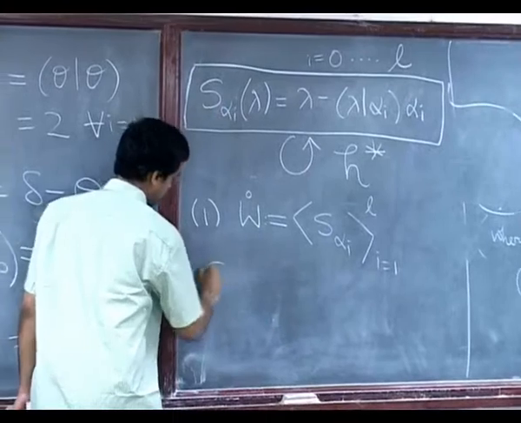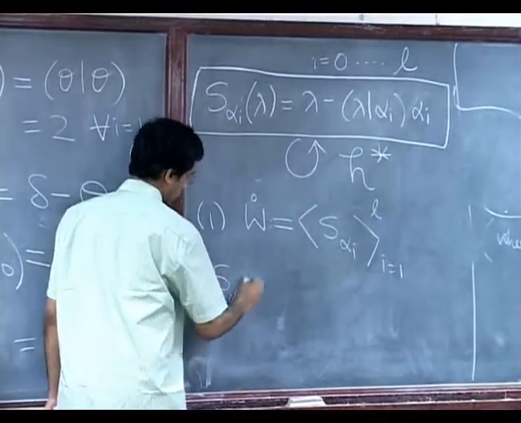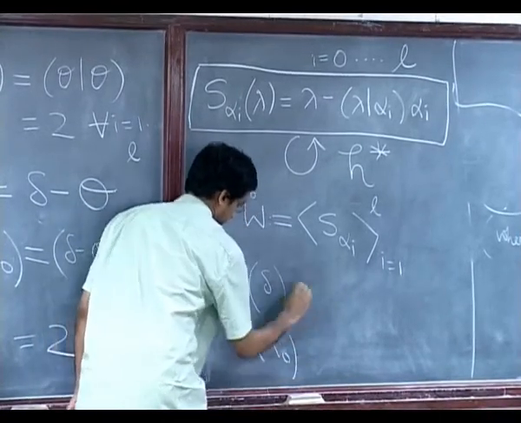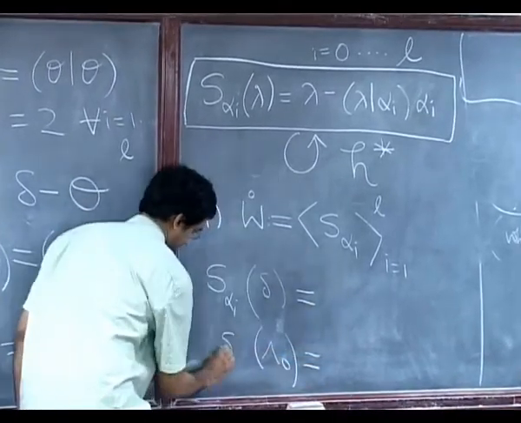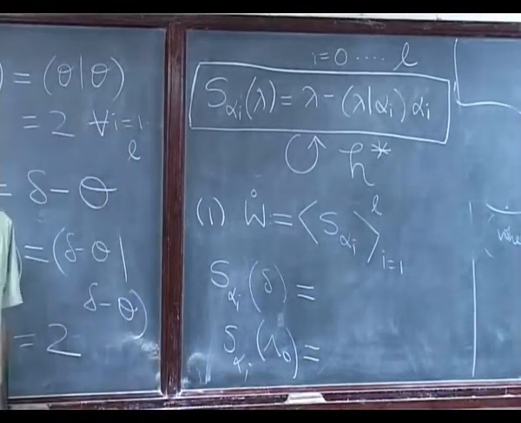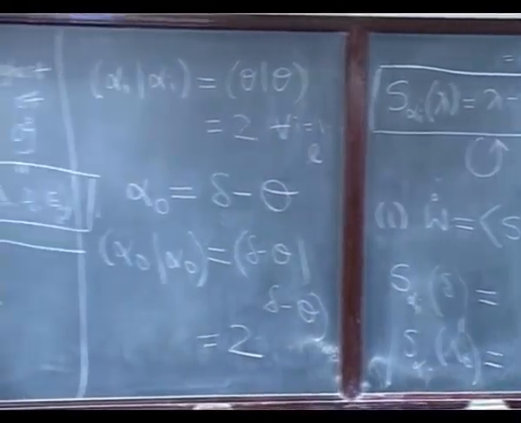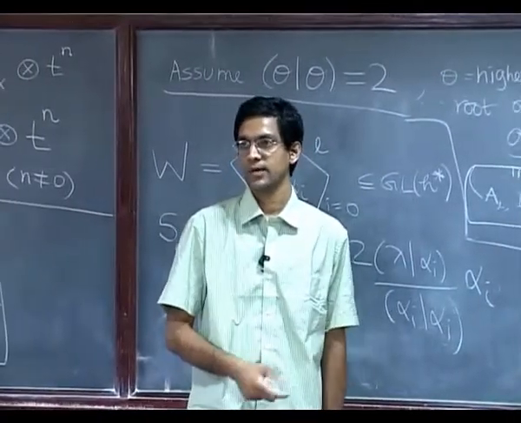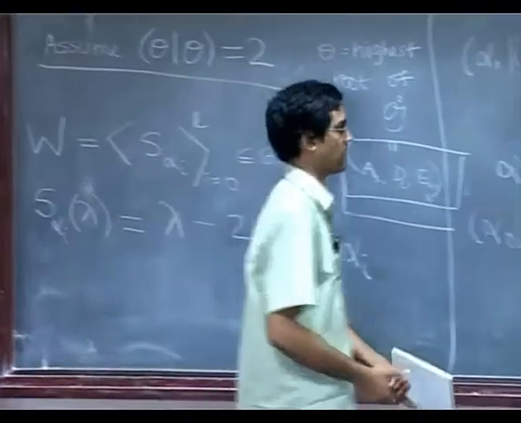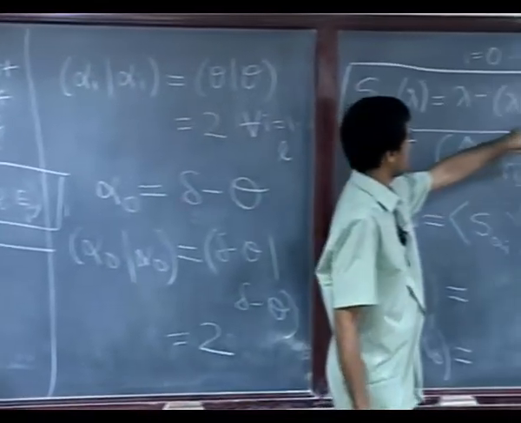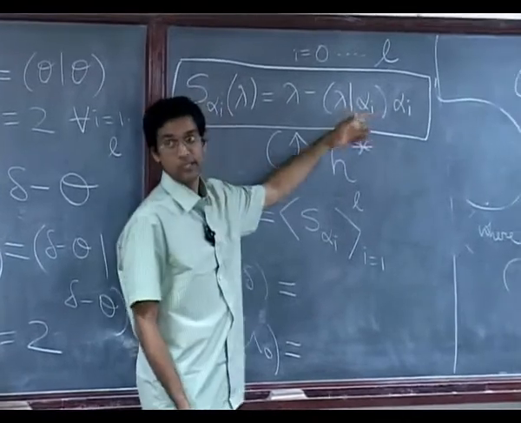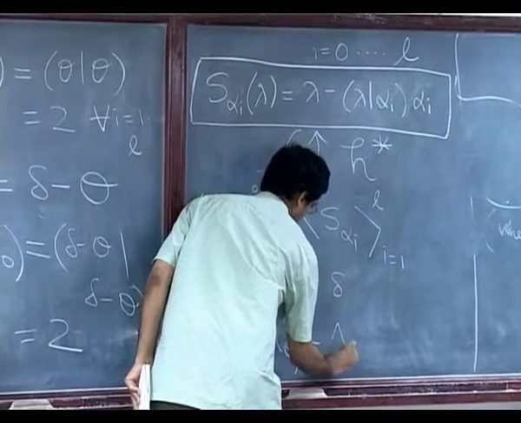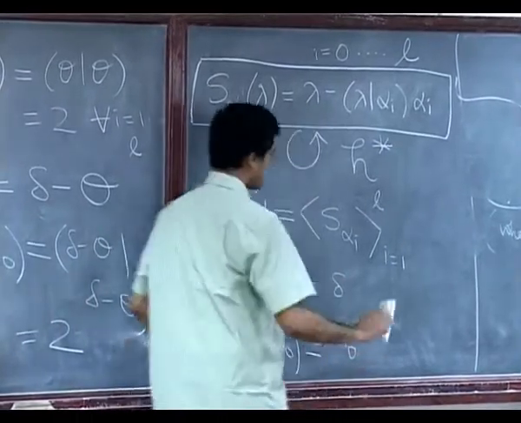So what do these simple reflections, for i greater than or equal to 1, do to delta and lambda naught? They're fixed, because you just apply the formula, we have a prescription. Alpha i with delta is 0, alpha i with lambda naught is 0. So they just fix these two extra dimensions, and they only act on the H0 star portion.